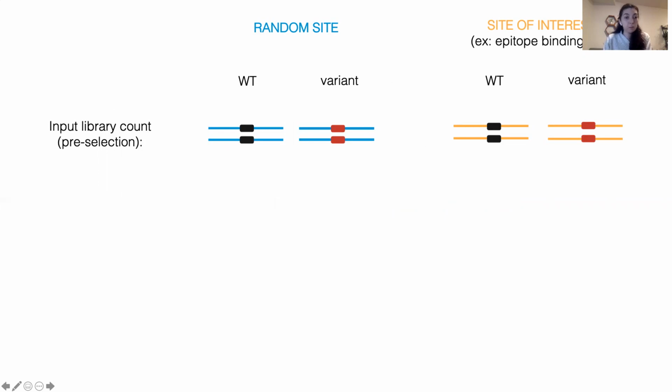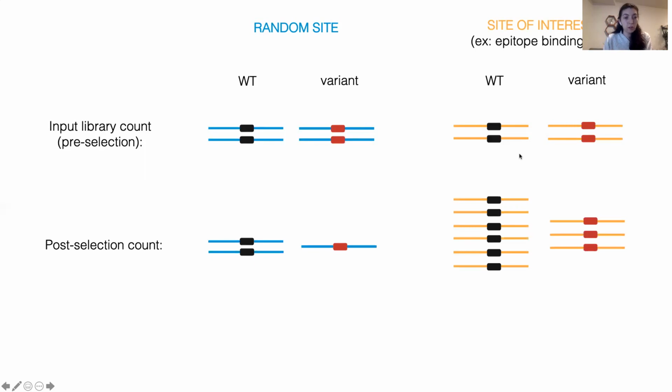Here I'm showing peptides that span a random site. And here, these are peptides that span the epitope binding site for a particular antibody. Perhaps after selection, we would see that the peptides that correspond to the epitope binding site are enriched by the antibody, whereas the other sequences aren't.